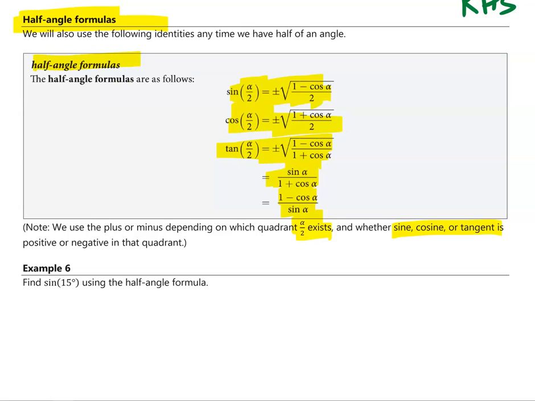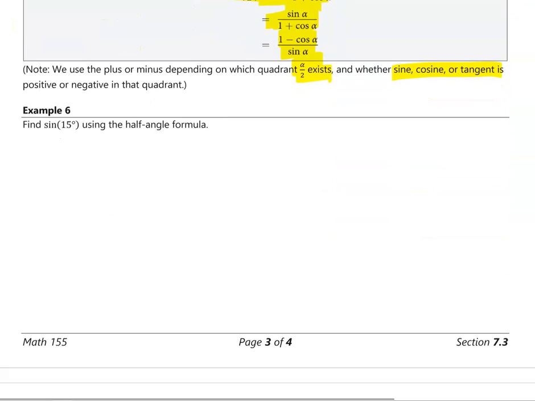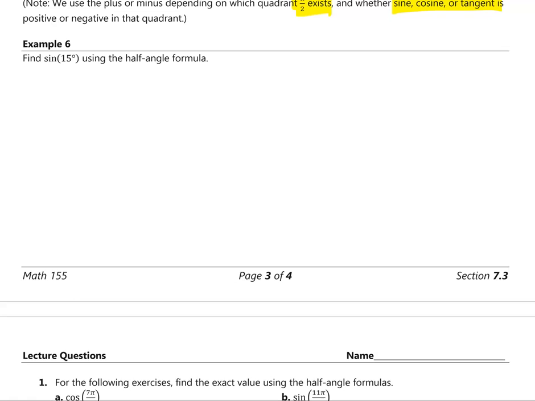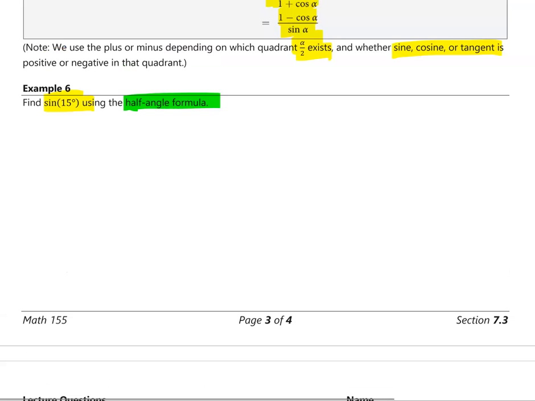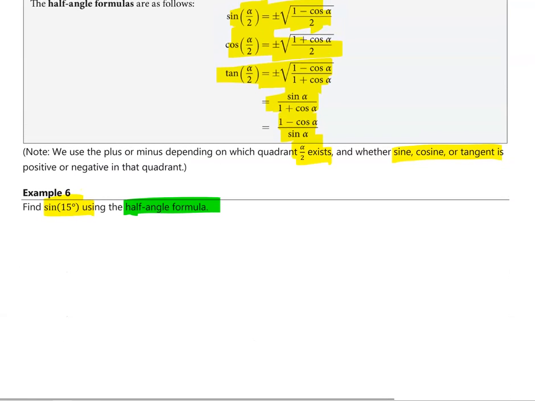Let's try an example. Example number 6. Find sine 15 using half angle formula. So sine 15, we can rewrite this as sine of 30 over 2 degrees, right? And then now we can use our formula. Sine 15 is in quadrant 1, so it's going to be positive.